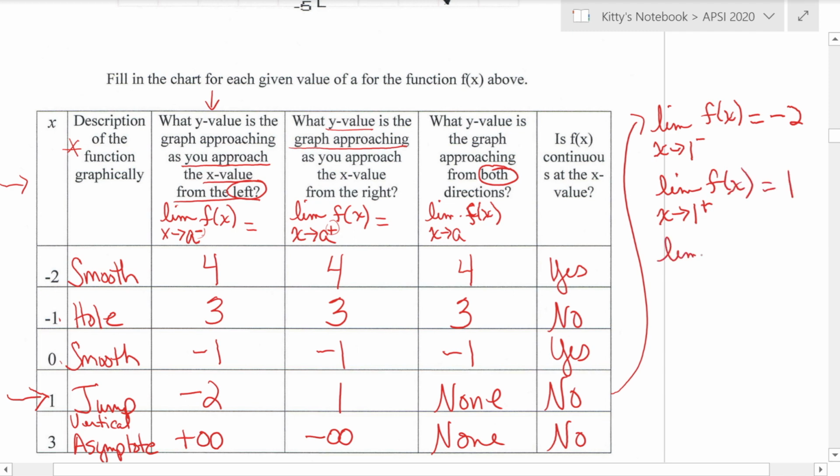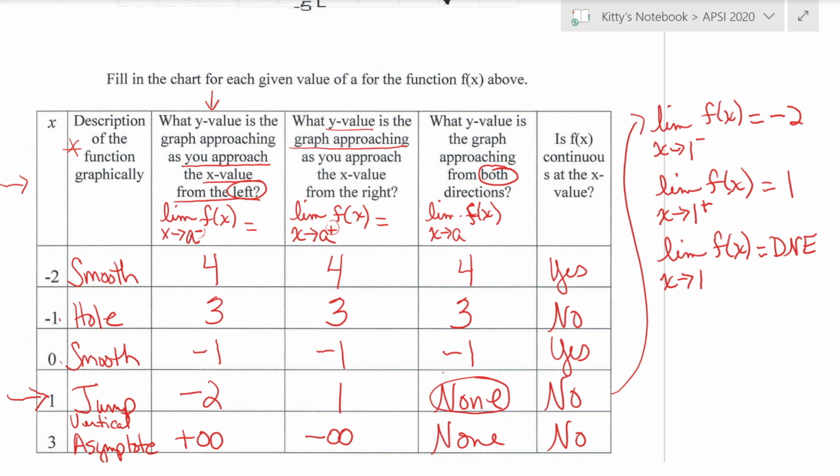And the limit as x approaches 1, that means from both directions, and they didn't go to the same thing, did they? So we say that does not exist. So if there is not a value that you approach, the answer is does not exist, just like yesterday, right? Except we're just going to a number this time, but the same concept applies. And so that's how you would write those three limits.